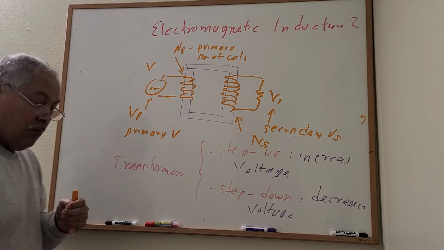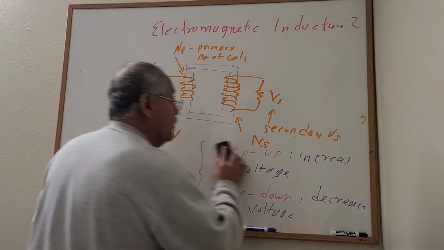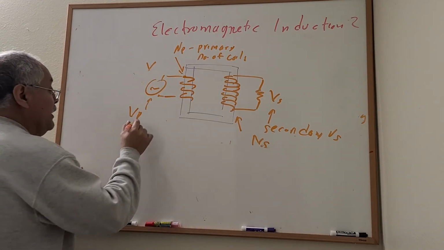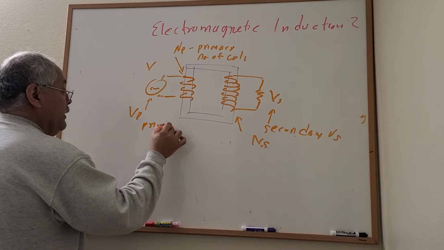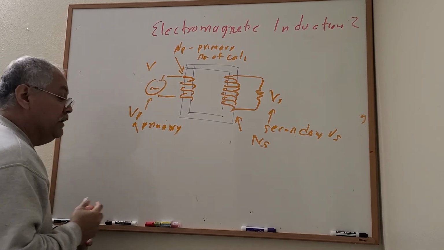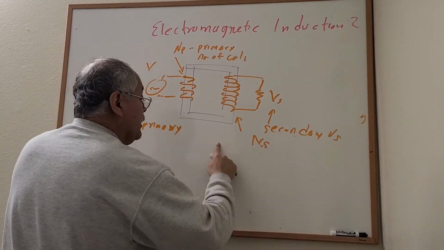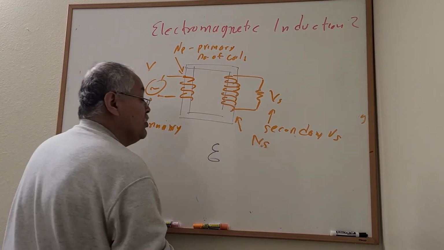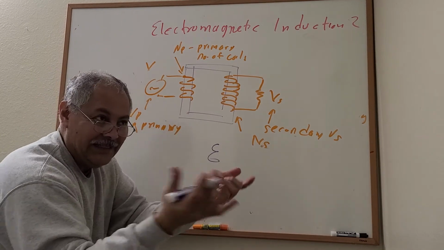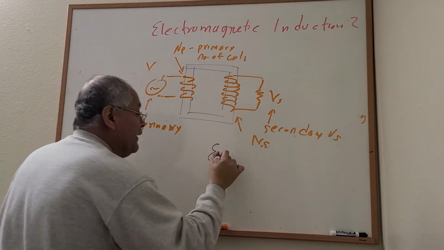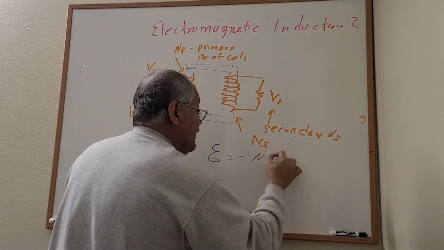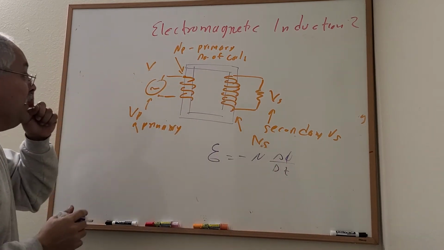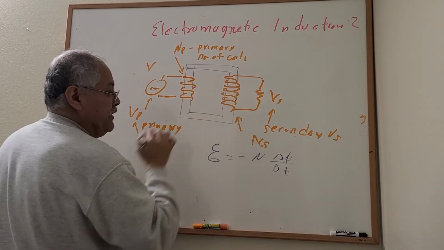Now when we use Faraday's law, remember it says the electromotive force created by these two inductors is equal to negative N times the change in the magnetic flux divided by time. We have magnetic flux right here and right here.